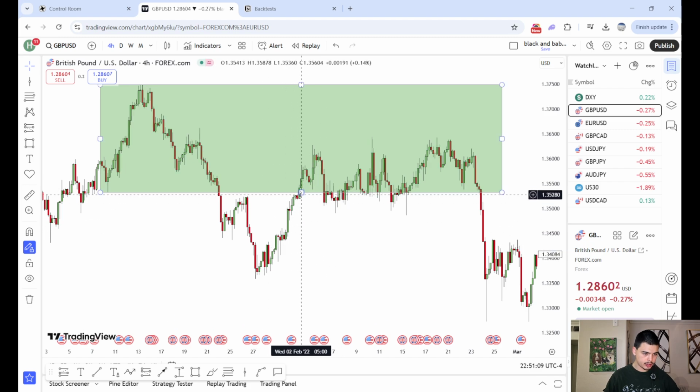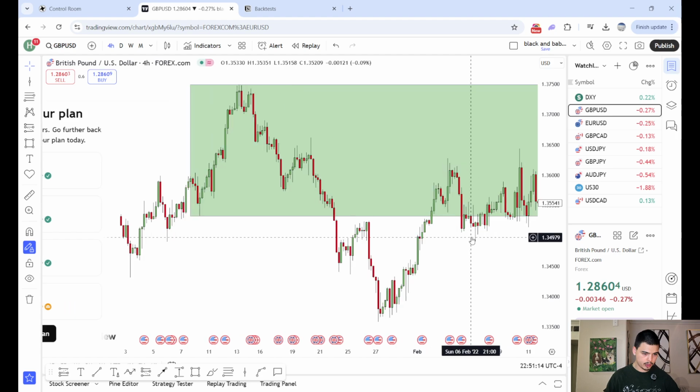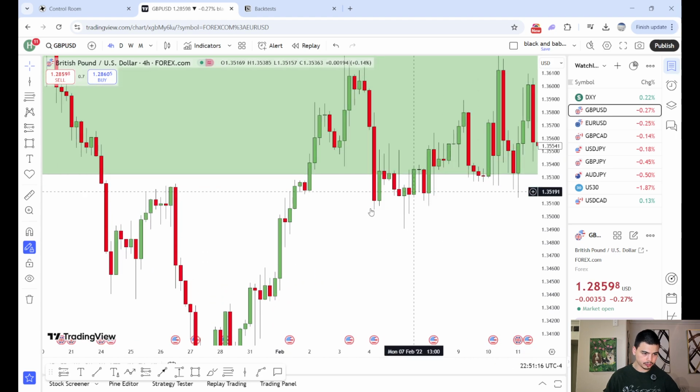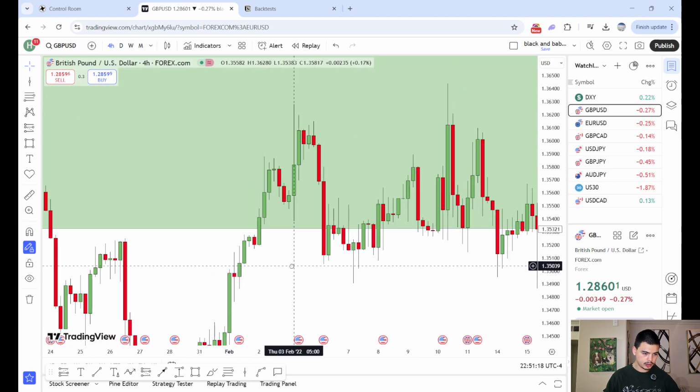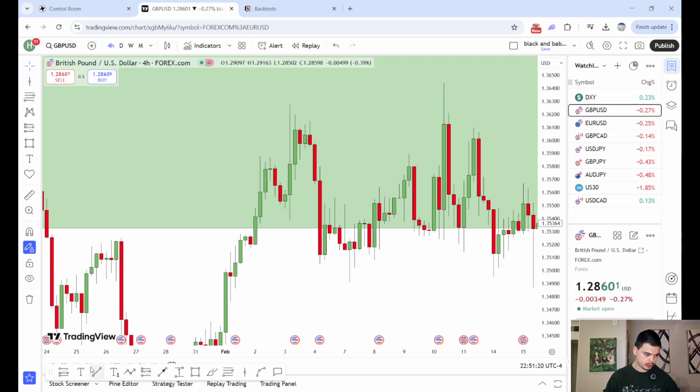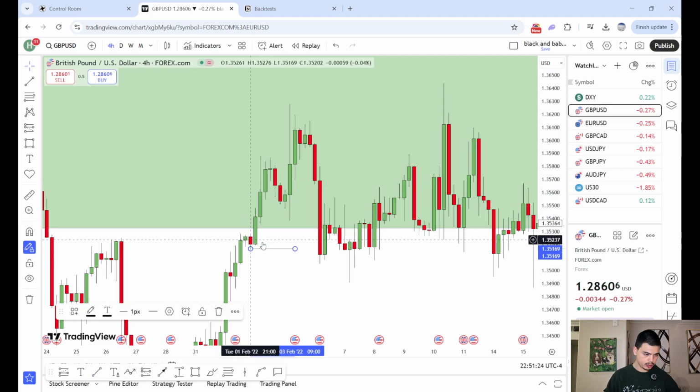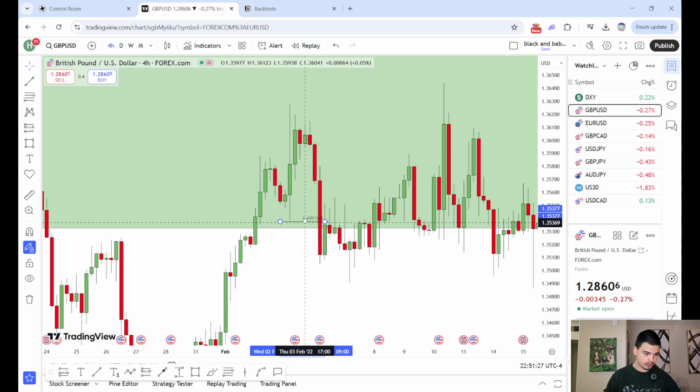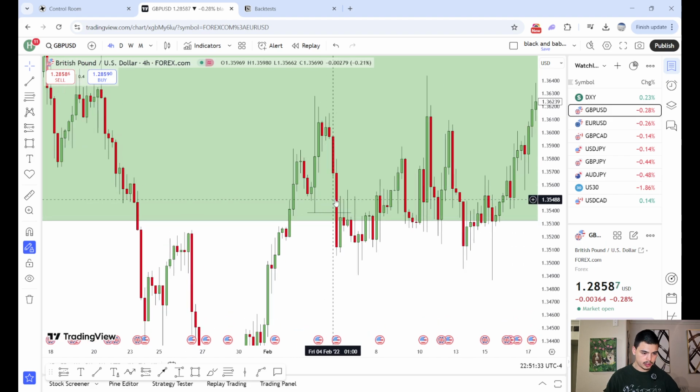As soon as price taps into it, that's whenever you can start looking for that market structure shift bearish, right? So right here, we would have the 3 candle wick swing low, it creates a new one right here, and then price violates it pretty well, right? So this is a market structure shift bearish in my opinion.